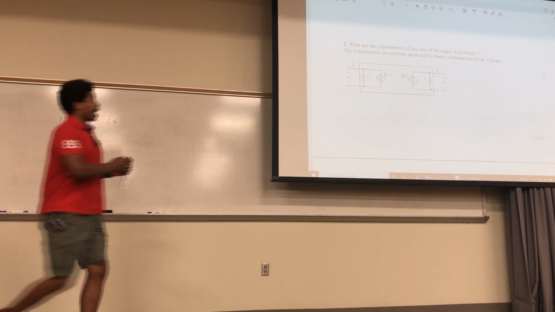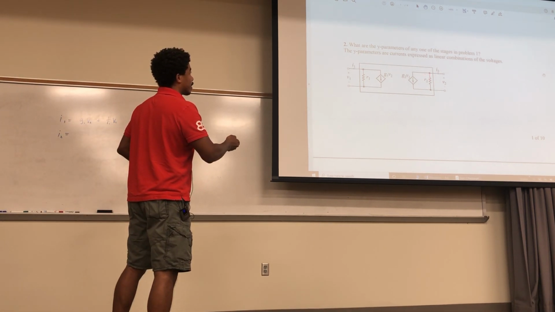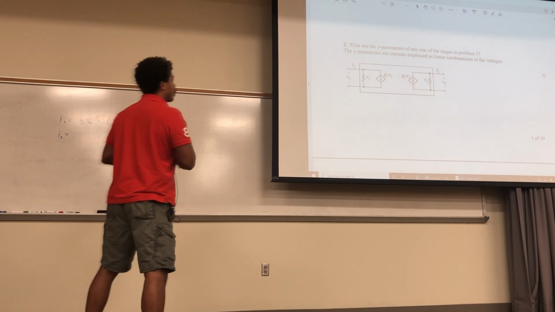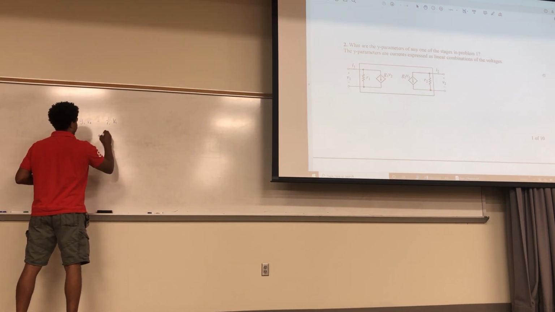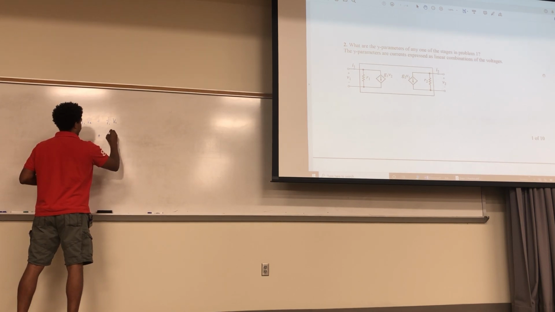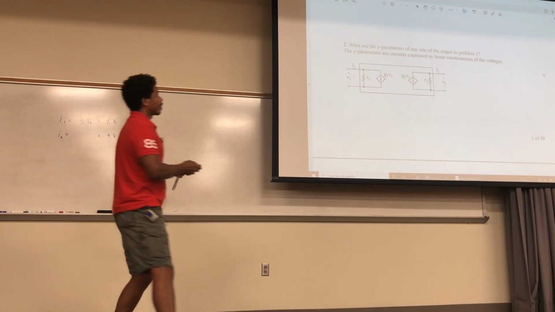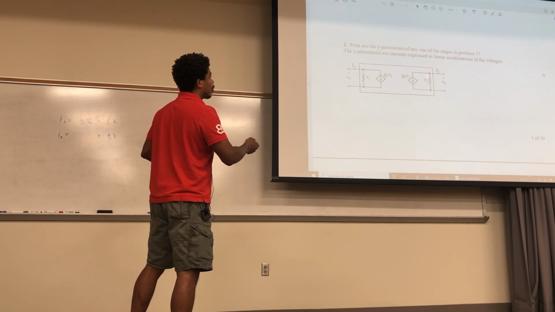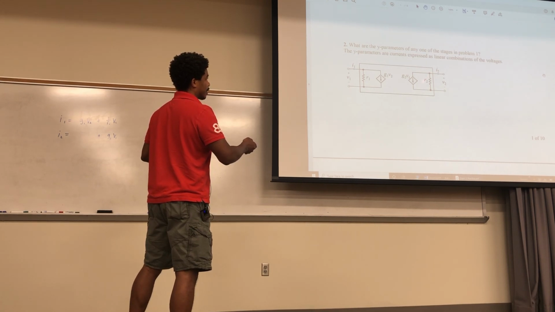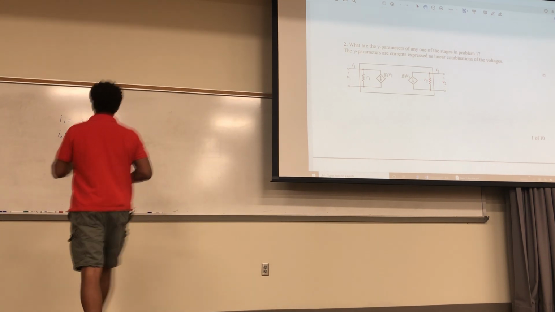For I2 over here, we got this current, which is G2 V1. I'll put it over here to keep the linear combinations the same. And going down that direction is 1 over R2 for conductance, not resistance, times V2.